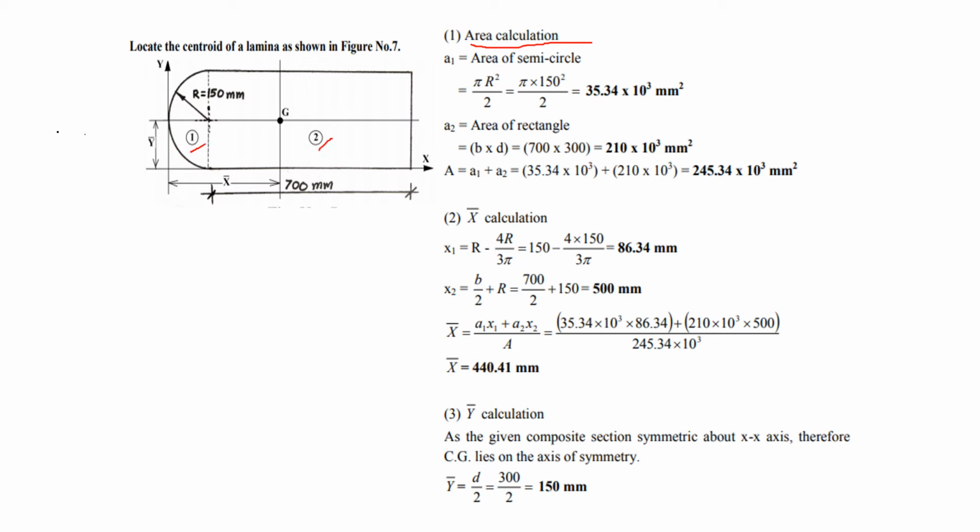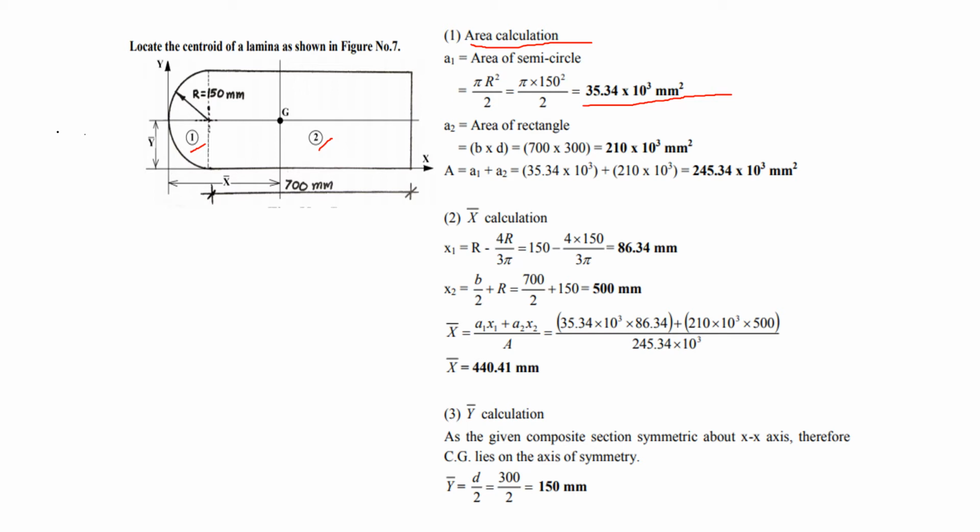So find A1, that is the area of the semicircle, which is pi r square by 2, half of the circle. The radius is given as 150 mm. So A1, the area of the semicircle, we got this value 35.34 into 10 raised to 3. Then we will find the area of the rectangle, that is A2.